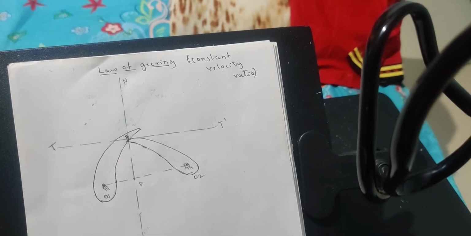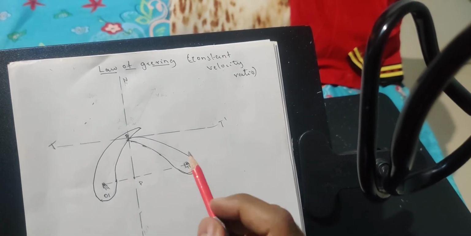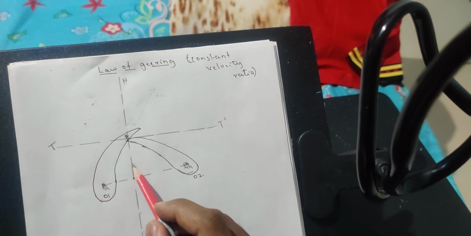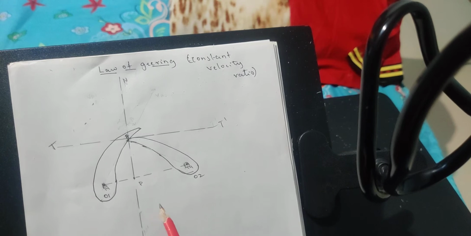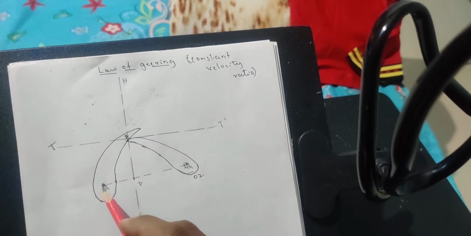One more construction we are doing is drawing a line normal to this, which will coincide with O2, and one more line which will coincide with O1.